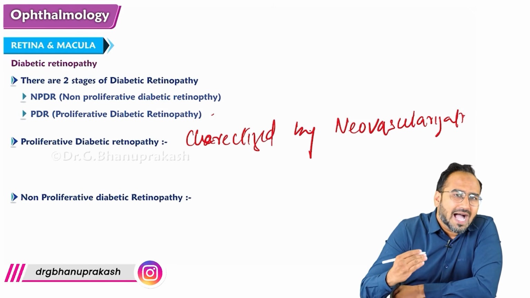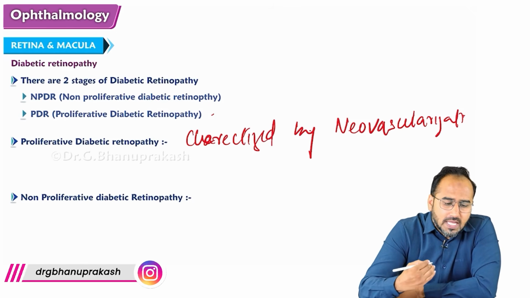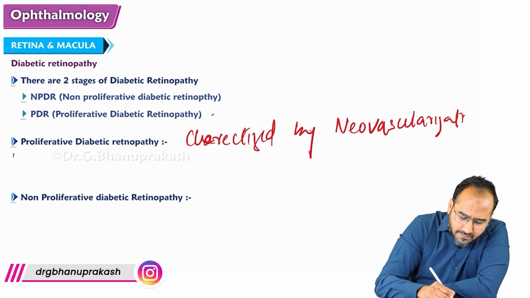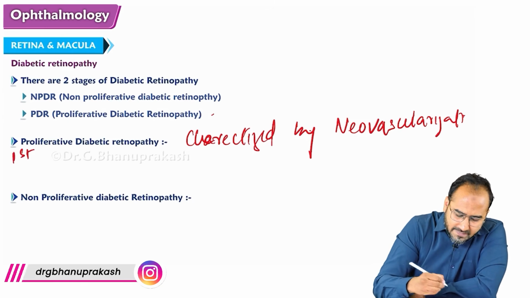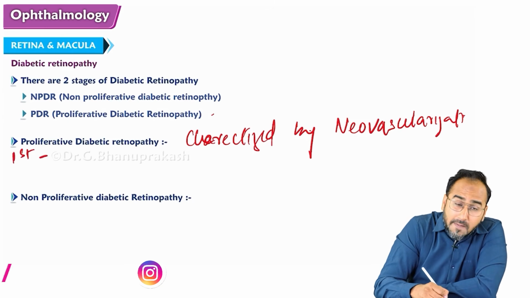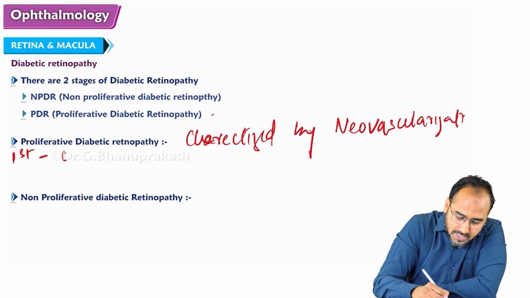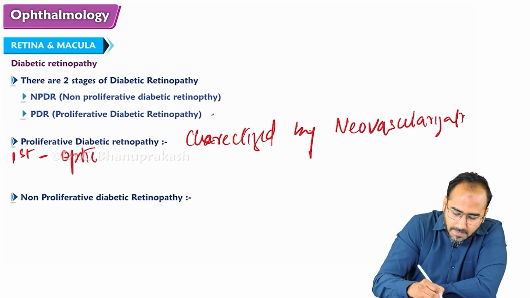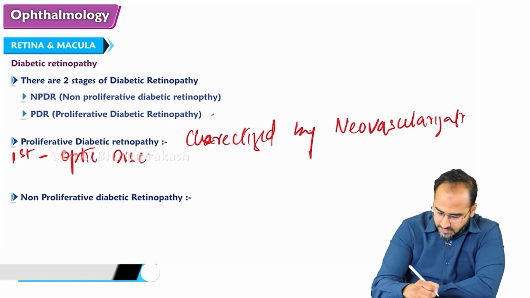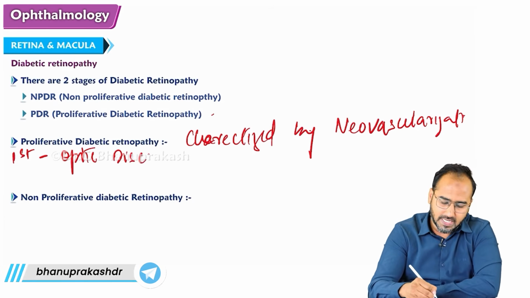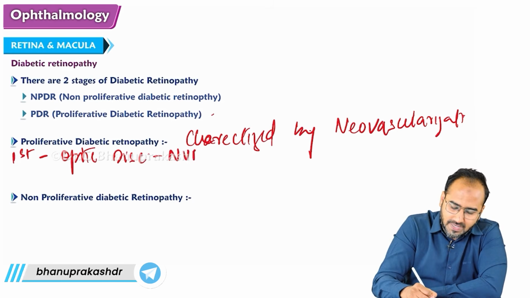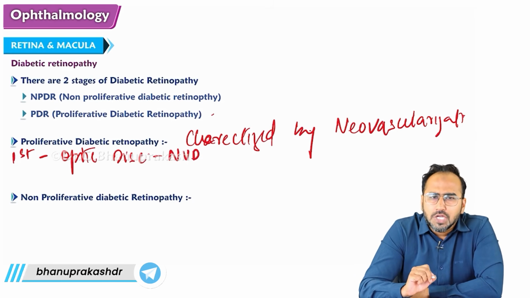Right? Now, as these new blood vessels are forming, where will they form first, guys? First, the new blood vessels will form on the optic disc, which is called NVD. NVD means what?